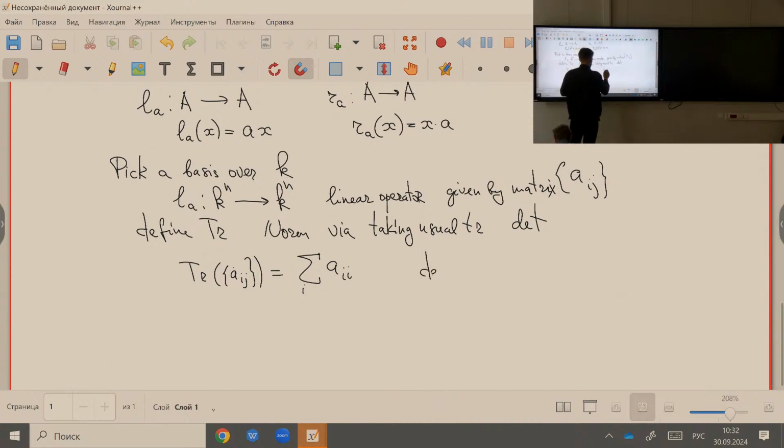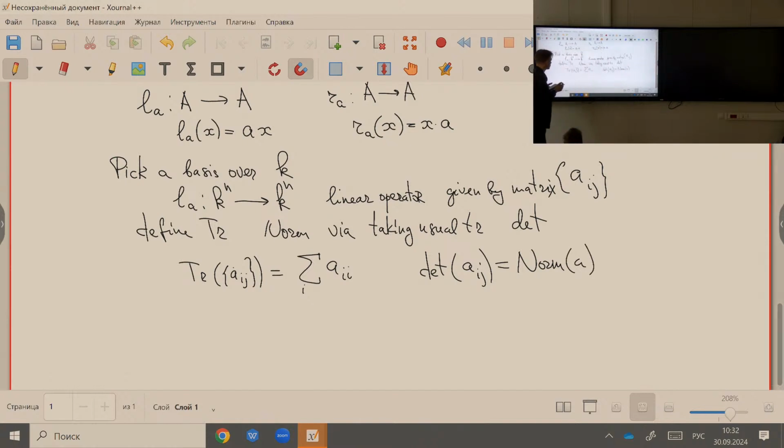And for determinant, again this is the usual norm: the norm of A is the determinant of this matrix. Yes, so we use a left shift just in order to fix the notation.